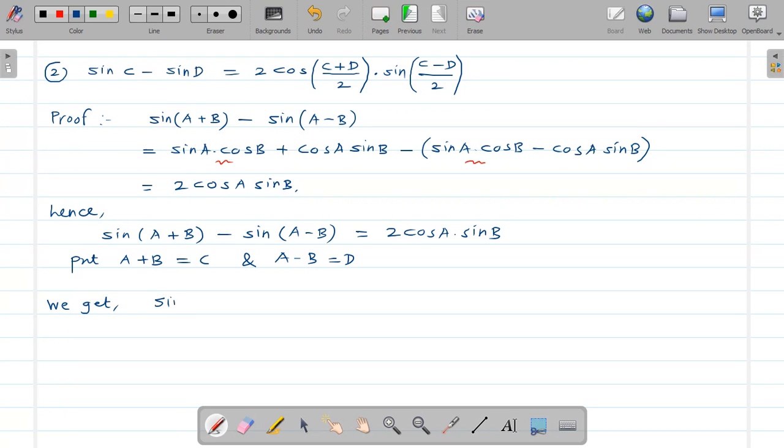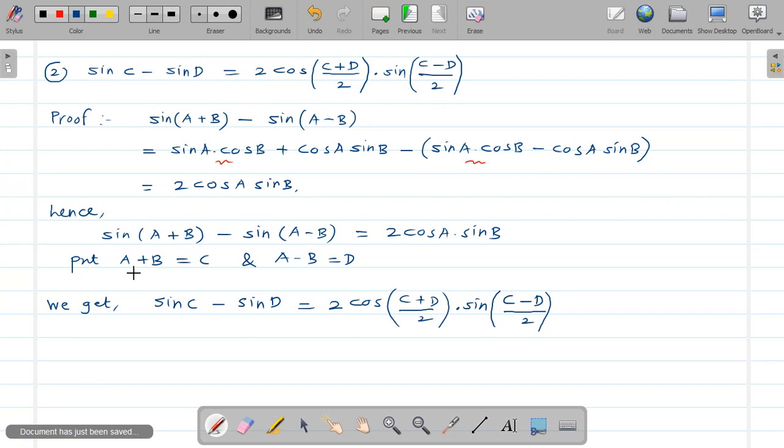That is sin c minus sin d is equal to 2 times cos of (c plus d) upon 2 into sin (c minus d) upon 2.